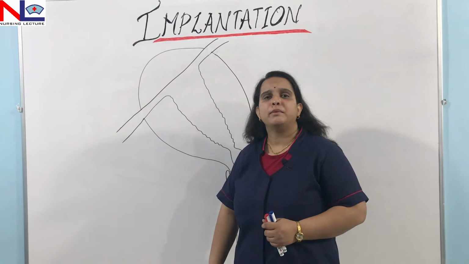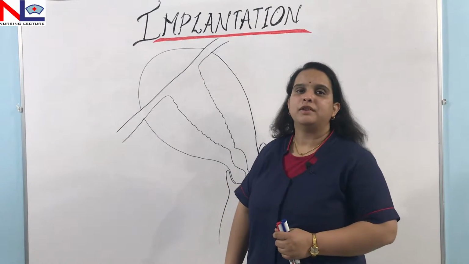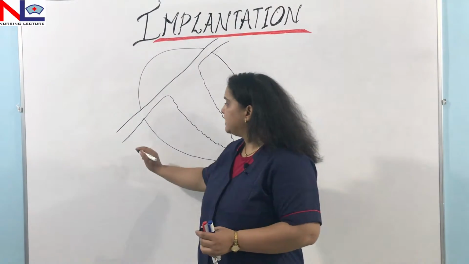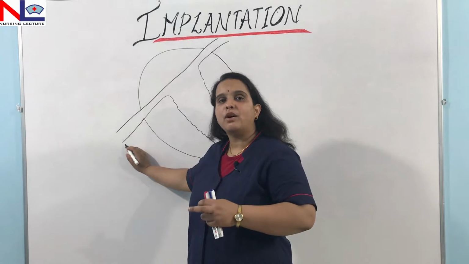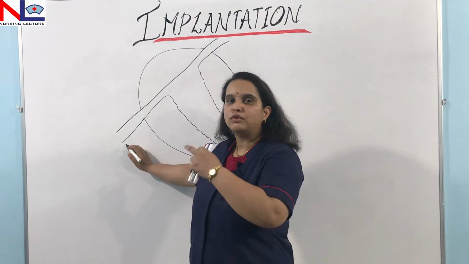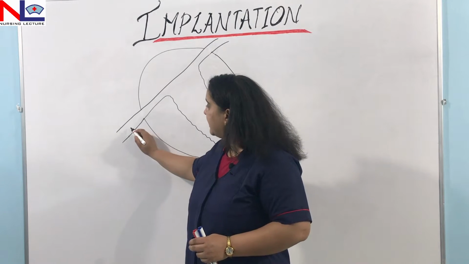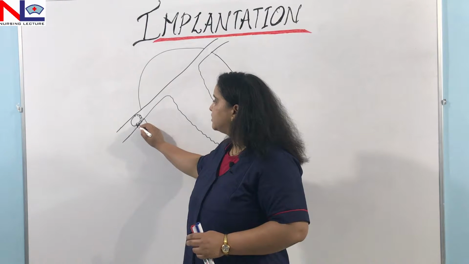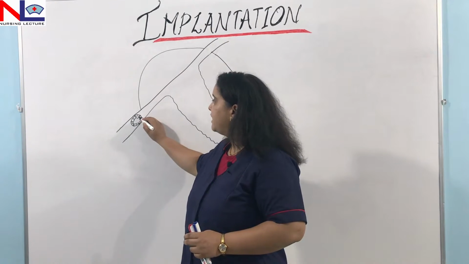If you remember, we have talked about how fertilization takes place. After fertilization, the zygote forms in the uterine tube, and the zygote moves toward the uterus and forms the 16 cell stage structure, which is called the morula.